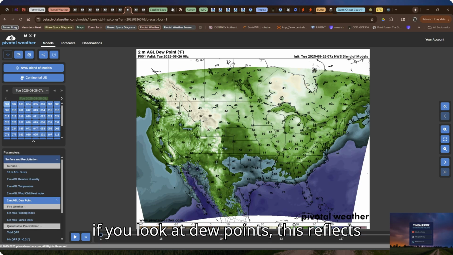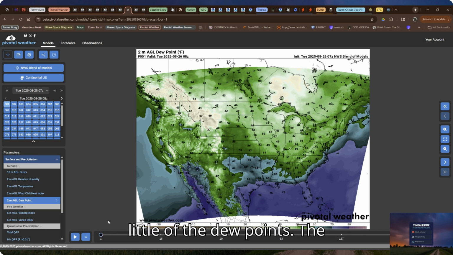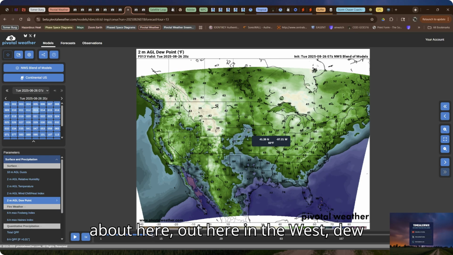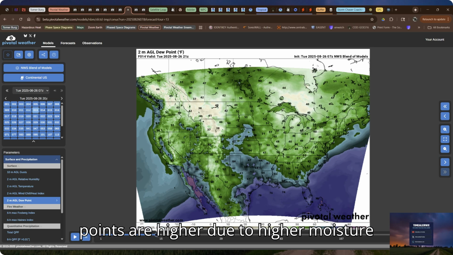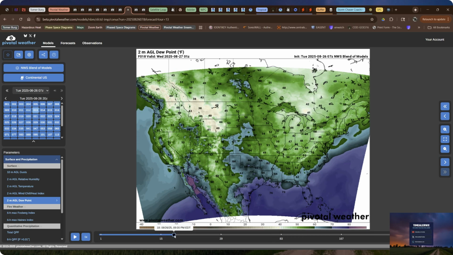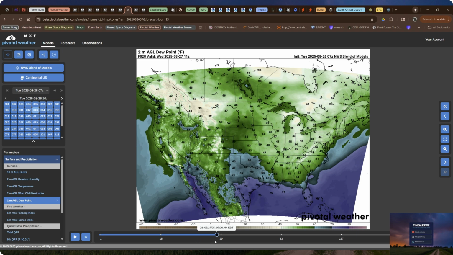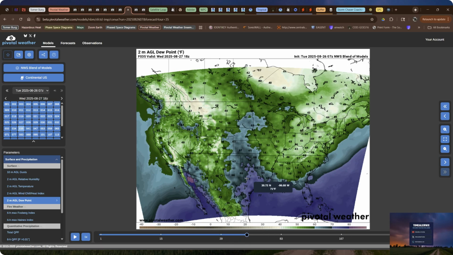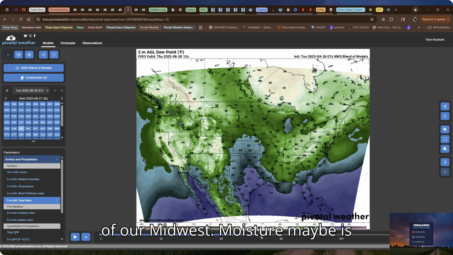But if you look at dew points, this reflects the amount of moisture in the atmosphere. The lower the dew points, the chances are it's going to feel nicer to you out there. So, see what I'm talking about here. Out here in the west, dew points are higher due to higher moisture and rainfall at night. See dew points really push back up into the 70s, 60s, way up into the northern tier of our Midwest.